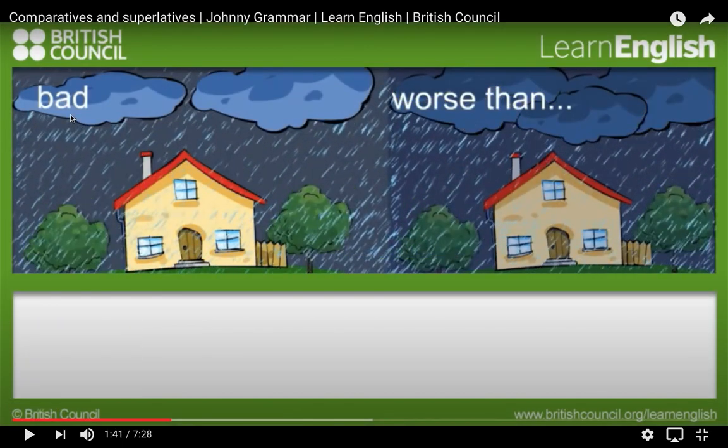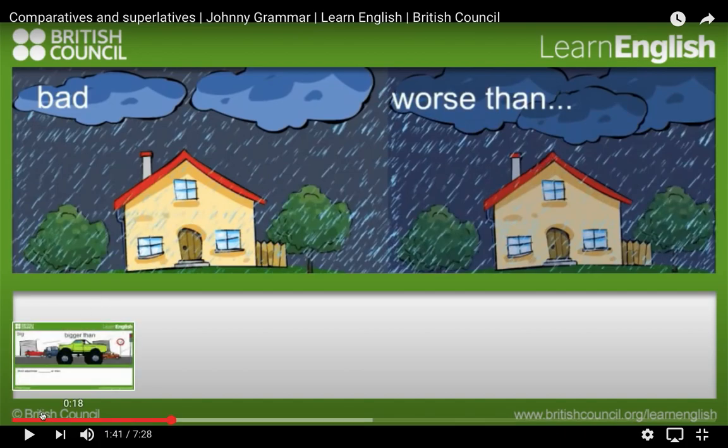The same goes for bad. Bad changes totally to worse. So, for example, the weather here is bad, but the weather here is worse than here. So we changed the whole adjective into worse instead of putting er.